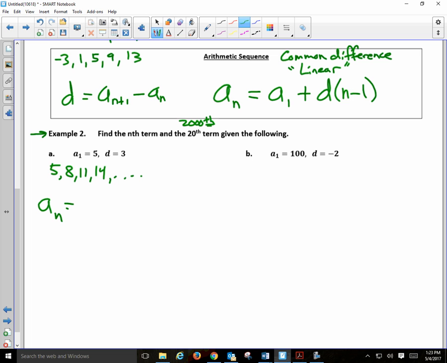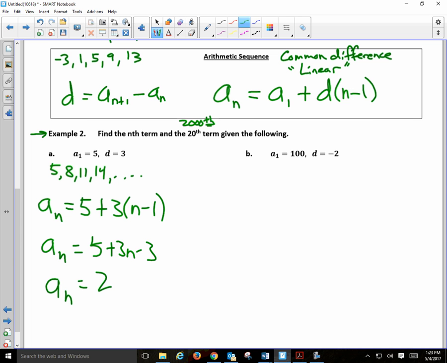A sub n is equal to the first term, 5, plus the difference times n minus 1. And there's our rule. So you could plug in 20 right now, and that'll give you the 20th term. Or what's most commonly done in this situation is we combine like terms. We get 5 plus 3n minus 3, or A sub n is equal to 2 plus 3n.